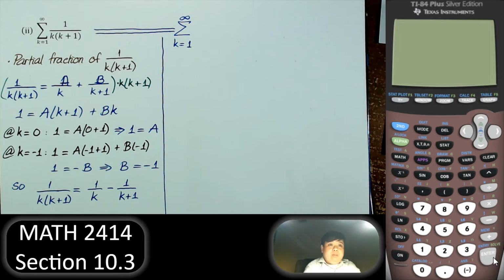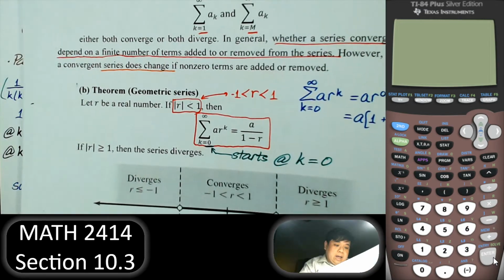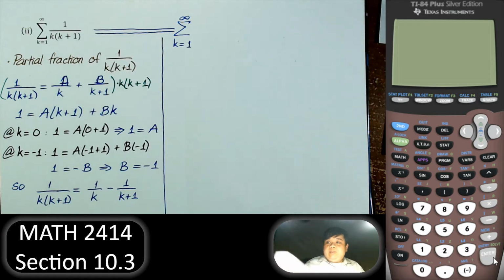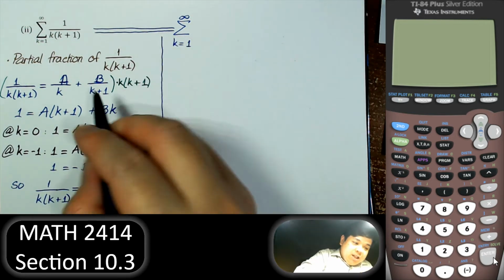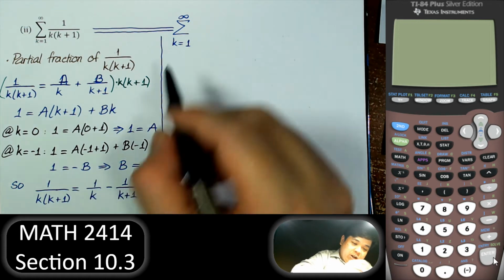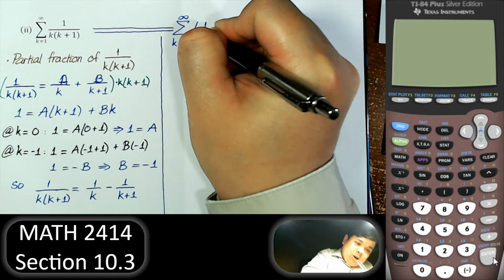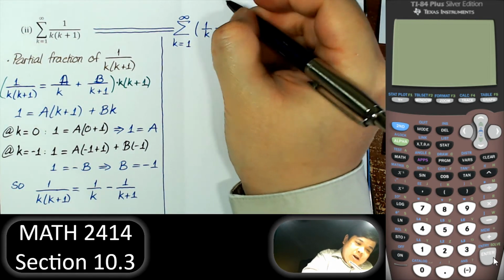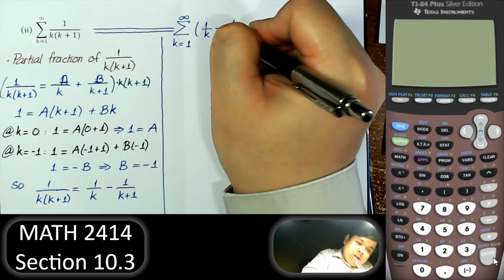And some in the geometric series though, it starts from 0. Usually by default we let k go to 1, but in some cases it could be 0. Right. So instead of writing that, we're going to write this: 1 over k minus 1 over k plus 1.